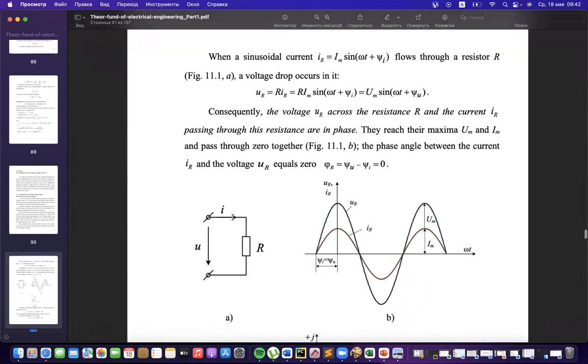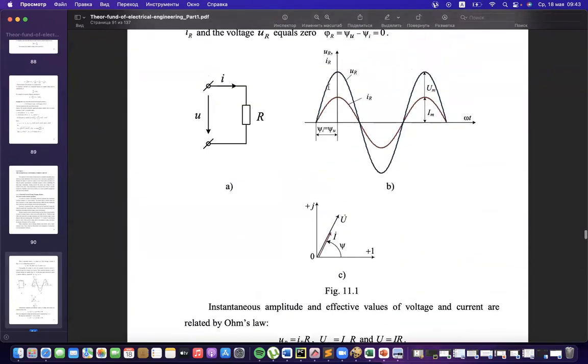We discussed that for a resistor, current and voltage are sinusoidal, and the most important thing is that these sinusoids have the same initial phase angle, and they lie one over the other.